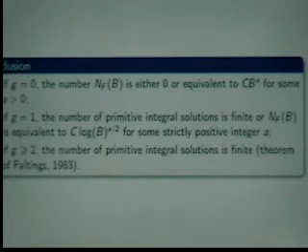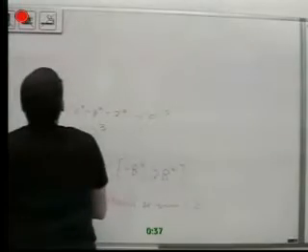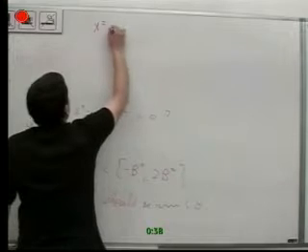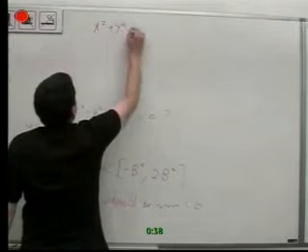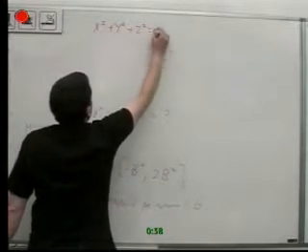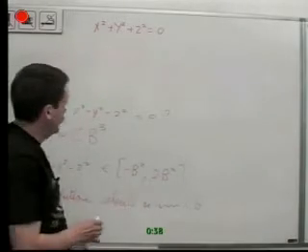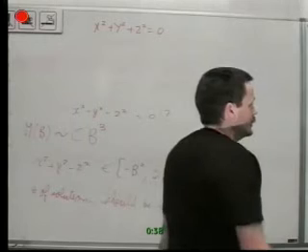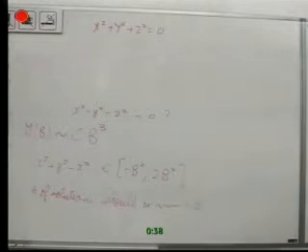It can be 0. Of course, I didn't give an example where it was 0, but it's easily done. If I take the projective curve with equation x squared plus y squared plus z squared is equal to 0, then the genus of that curve, it's a conic again, so over C, it's isomorphic to P1.